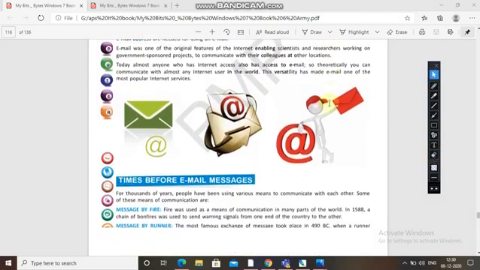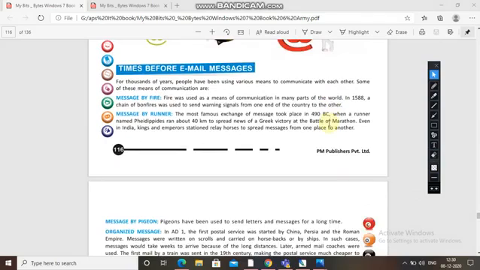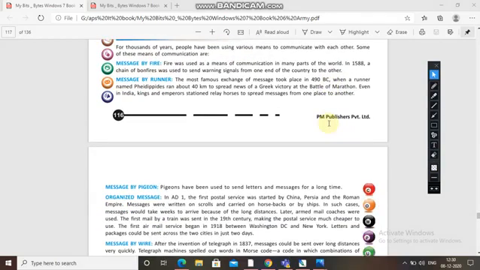Now next, what we have seen: times before email messages. People ask, you know email, you know the process and what things are needed for sending an email, but in earlier times how did people send messages from one person to another, from one kingdom to another?